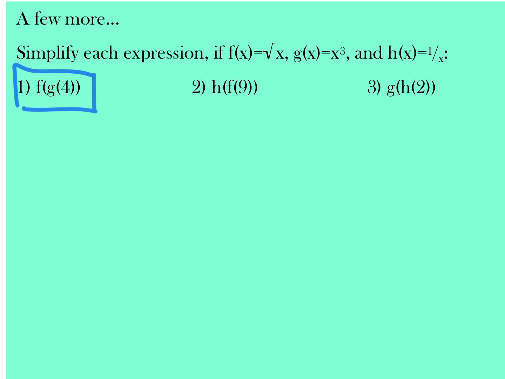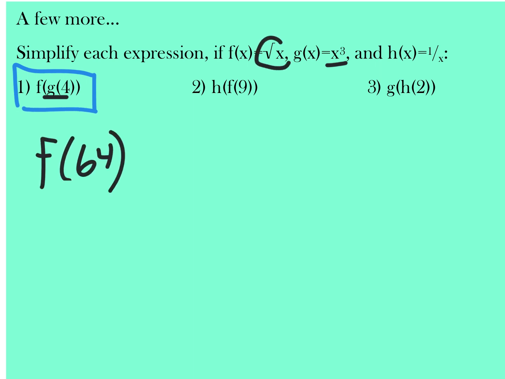All right, so I'd start with g of 4. Sticking a 4 in there. 4 to the third is 64. Kind of a pain. 4 times 4, 16 times 4, 64. Now it's f of 64.